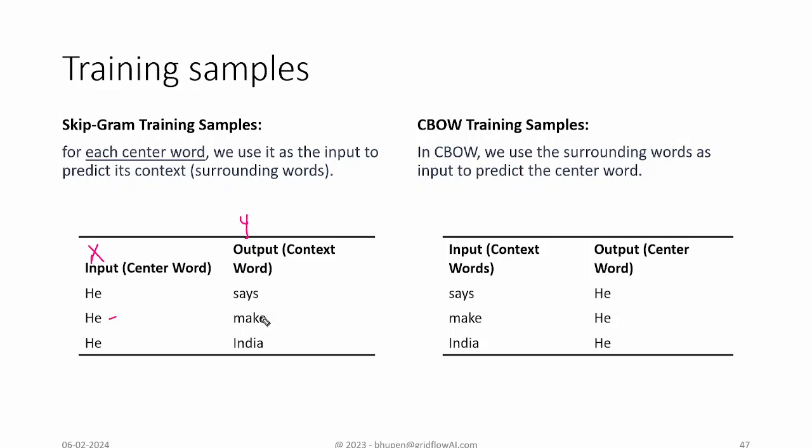So "he" again and "make", "he" again and "India". Likewise, in the continuous bag of words, the input is X and the output is the center word. So these are your context words as input, and the output is "he" in the continuous bag of words architecture.